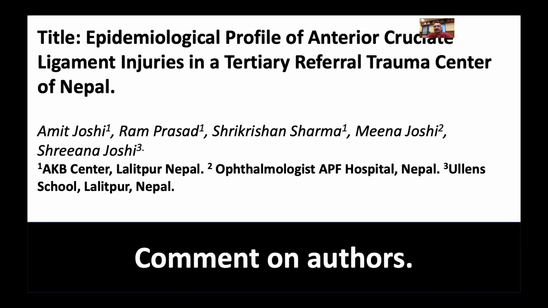Thank you, Deepak. This is just a fabricated author list. Meena Joshi is my wife and Sriyana is my daughter, who is 11 years old. This kind of authorship is called gifted authorship, and it is very common. We probably have to discourage it.